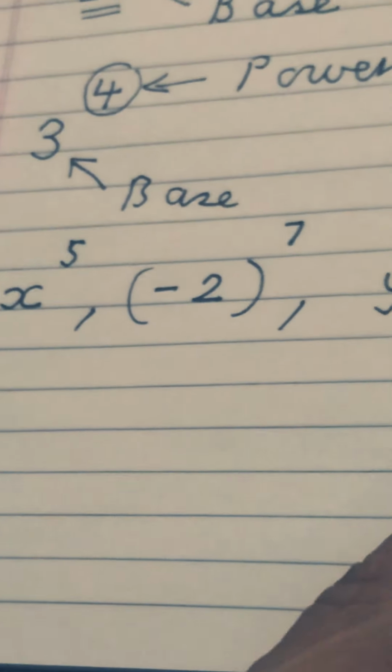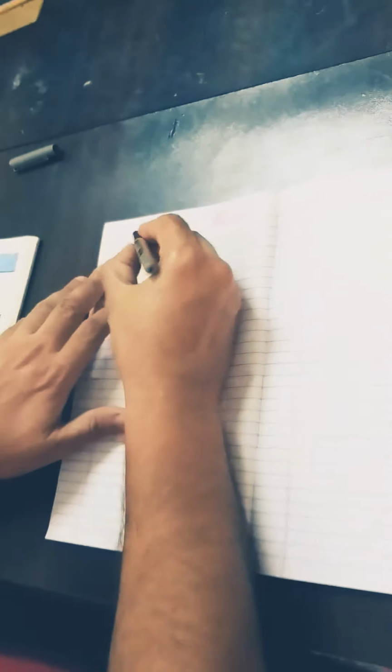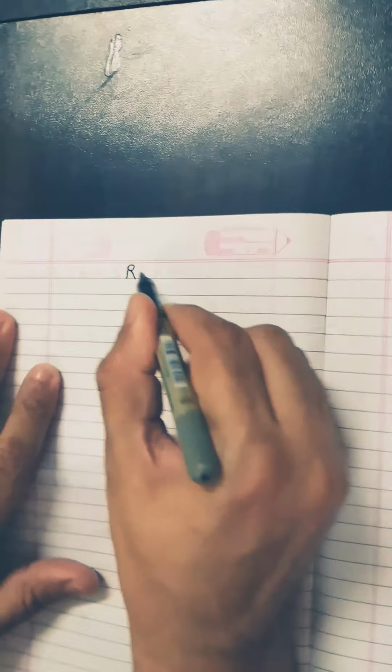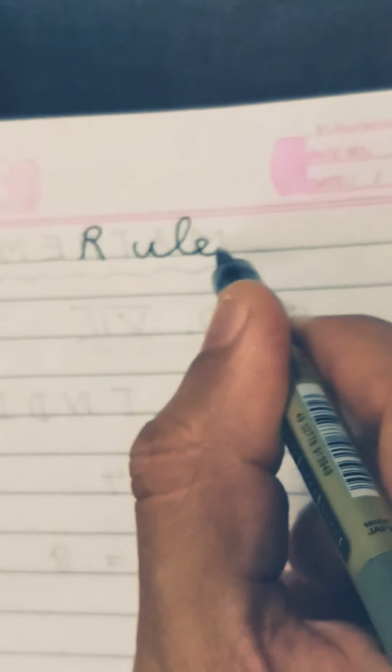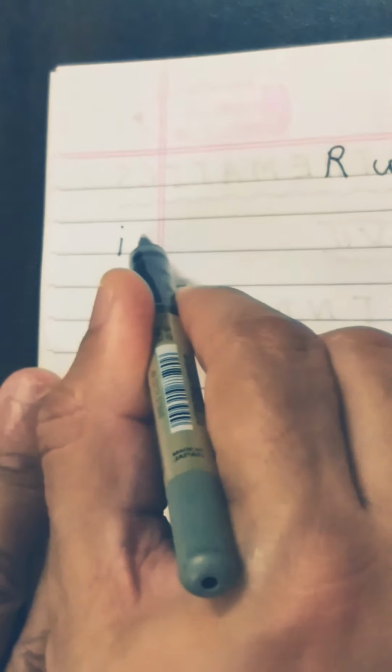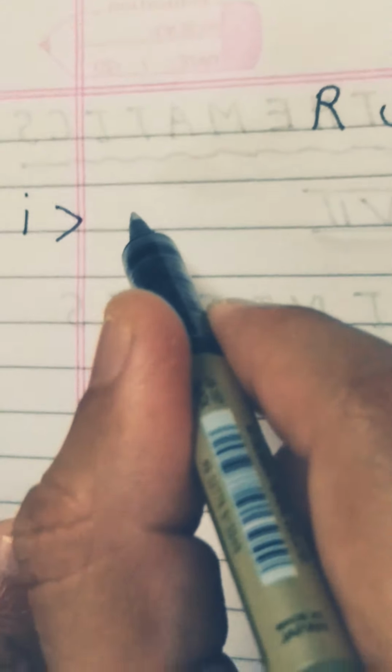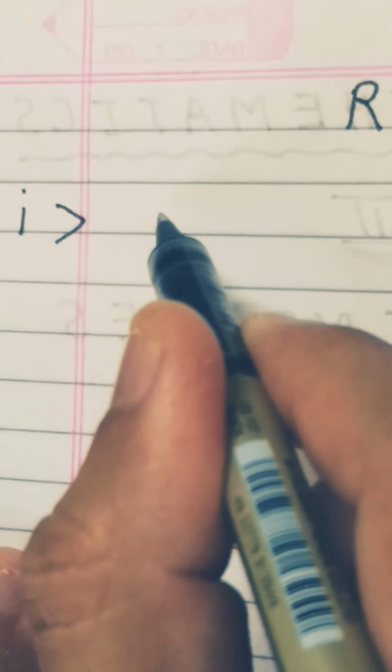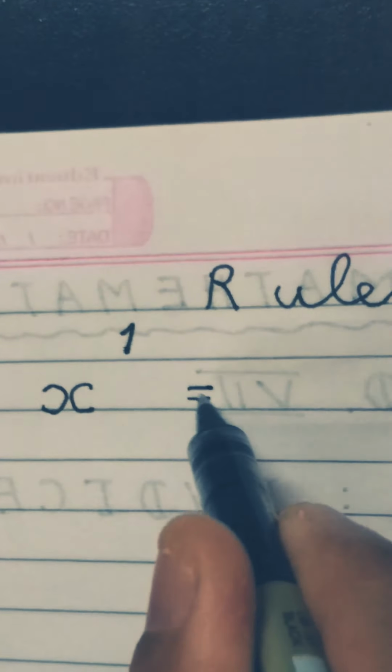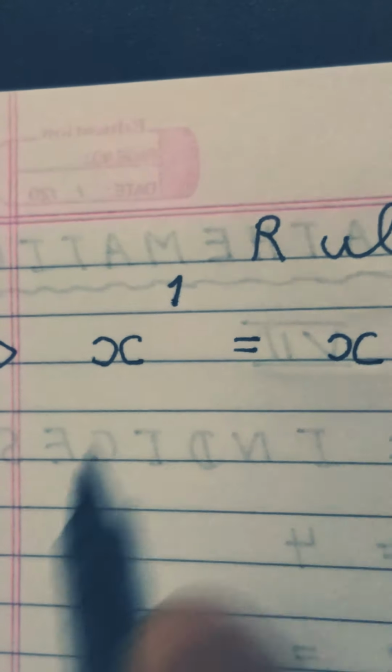Now, let us take 2 basic rules for indices. The first one, any indice having the power as 1 will give us the same base as the answer.